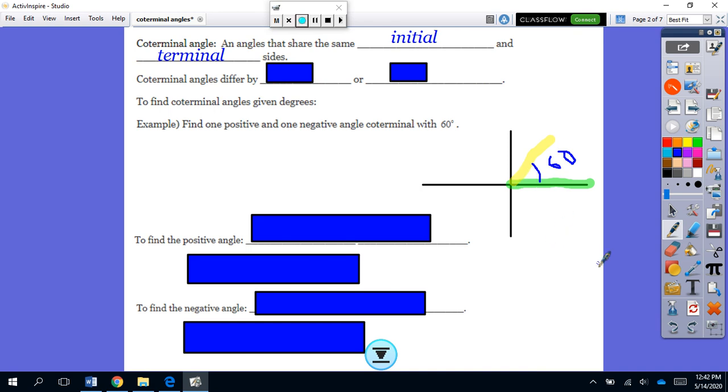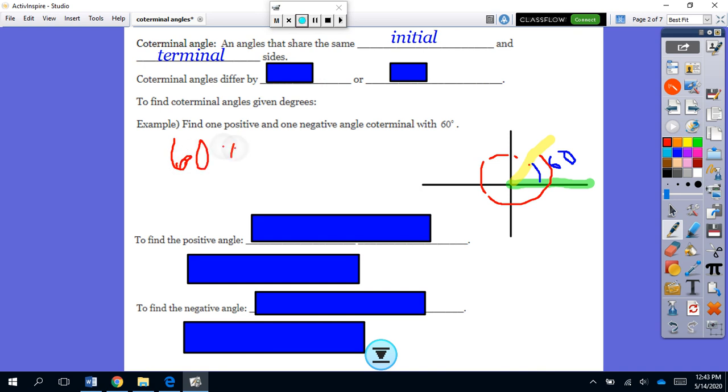So let's say I go around the circle a second time. I'm going to start at this angle and go another 360 degrees around the circle. The initial piece that I did was 60 degrees.